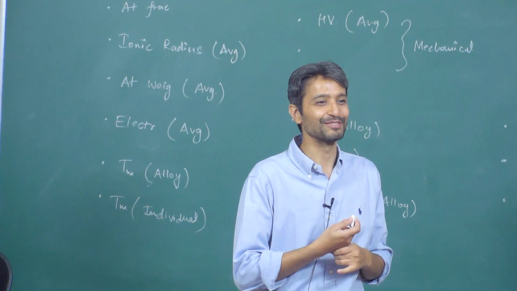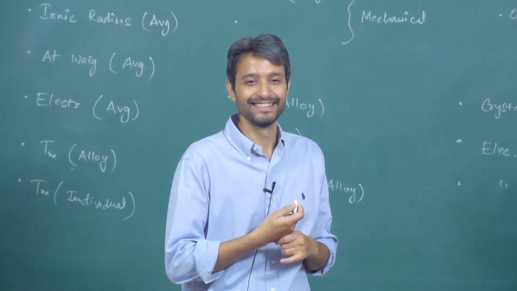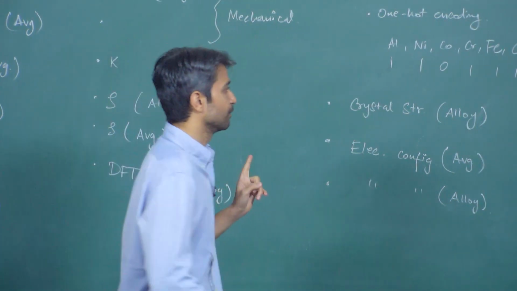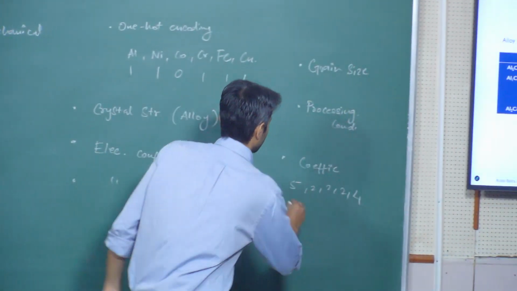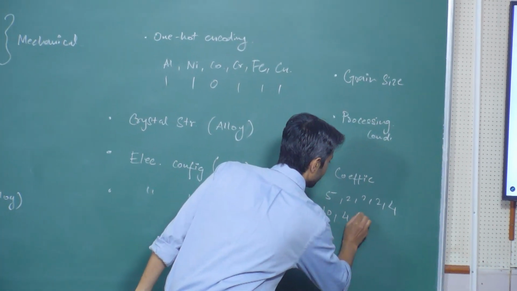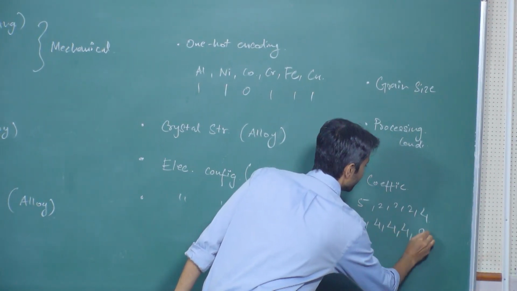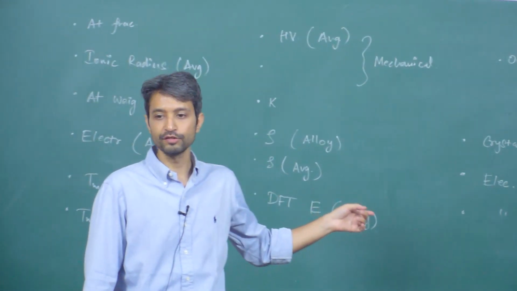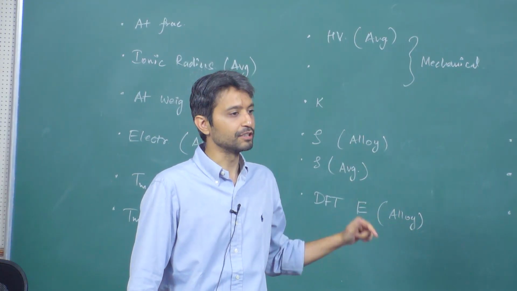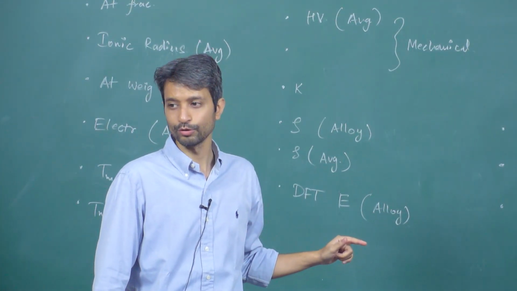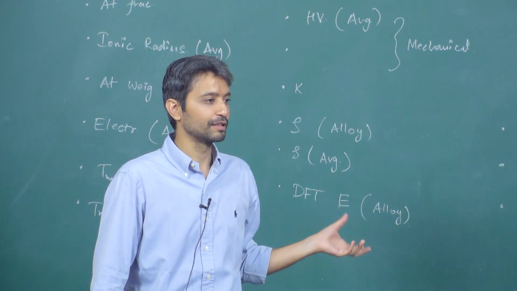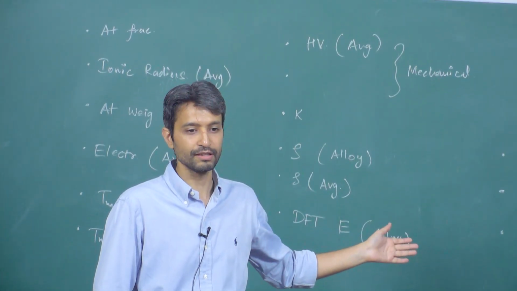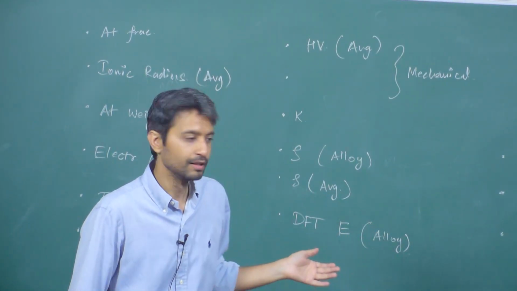I know one person will say no. What about if I write this as my new alloy? The feature is new, the feature is different. Is it a new alloy? No. So there is a lot of redundancy in this form of representation, so this is not a good idea.